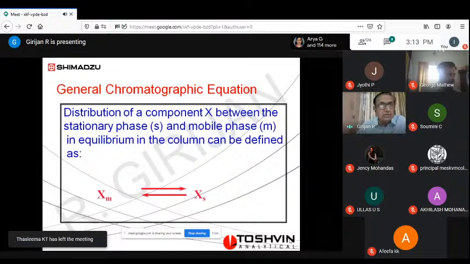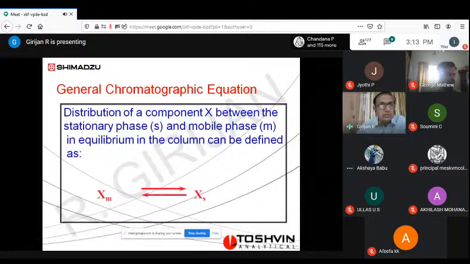So when you're optimizing a GC condition or an LC condition, by optimizing the conditions or parameters, you are trying to shift the equilibrium from the right hand side to the left hand side. That means you are trying to take out as much as possible of the sample from the stationary phase to the mobile phase so that it can flow out of the column, go to the detector and get detected.